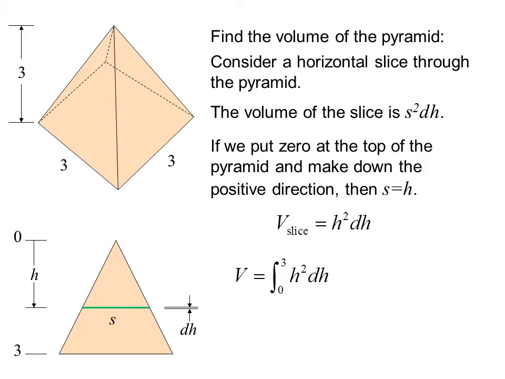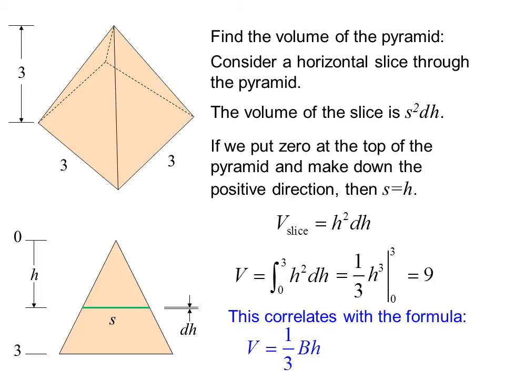If we integrate from 0 to 3, h squared dh, we get 1/3 h cubed from 0 to 3, or 9. This correlates with the formula, volume equals 1/3 the area of the base times the height, which would be 1/3 times 9 times 3, or also 9.